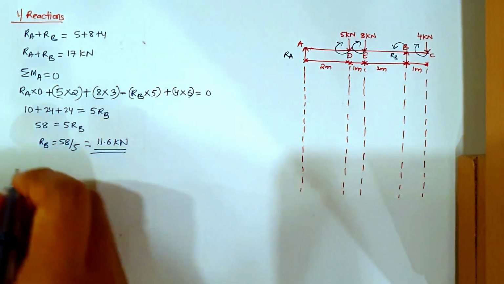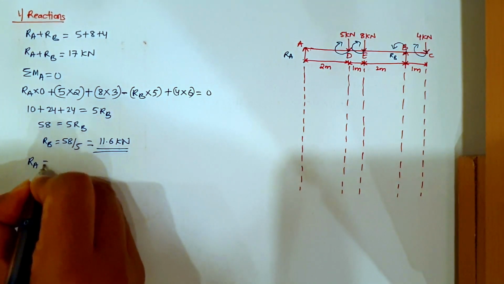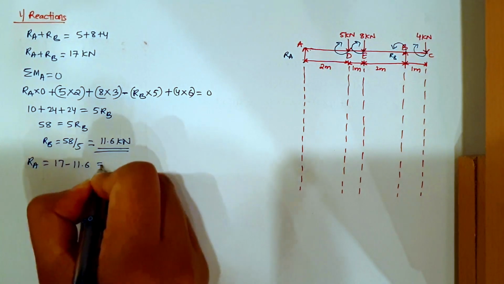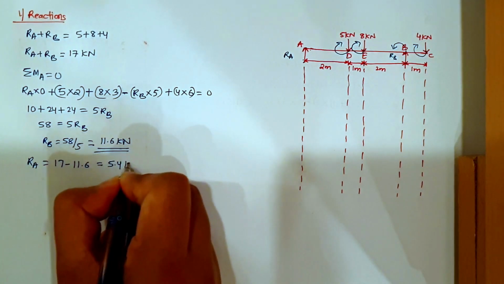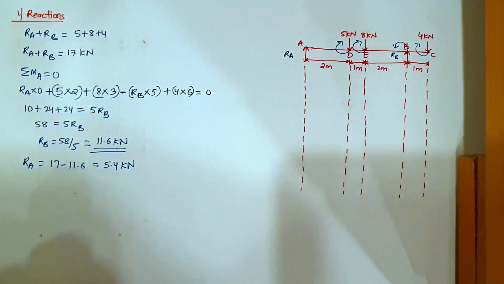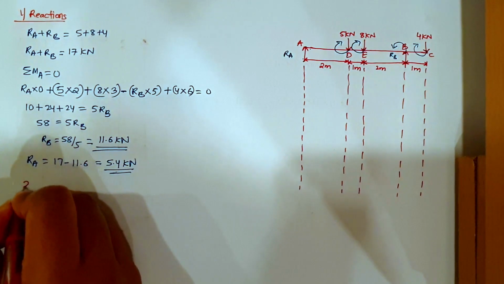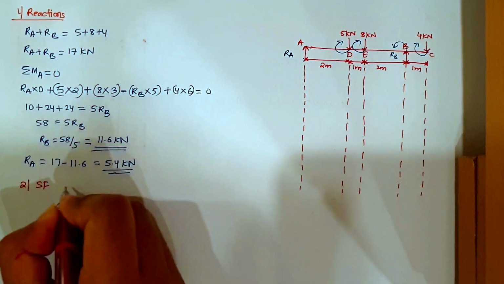Now RA will be equal to 17 minus 11.6, equals 5.4 kilonewton. So we found RA and RB. Now let's find the shear force. Shear force calculation.